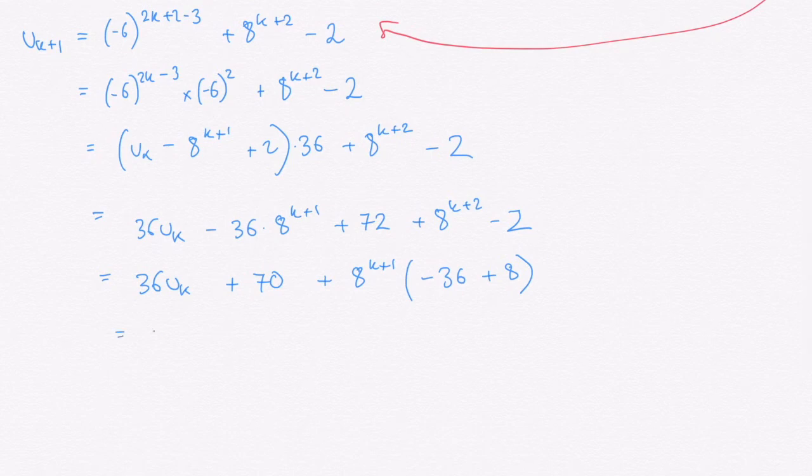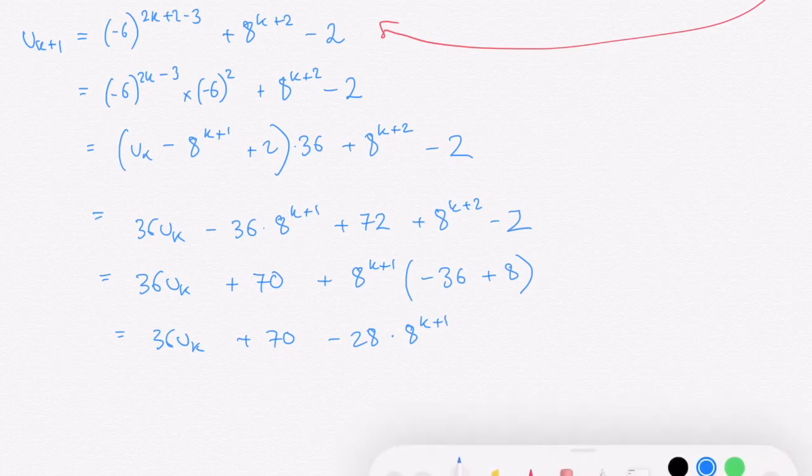So this is 36 u_k plus 70 plus, well, negative 36 plus 8 is negative 28, so negative 28 lots of 8 to the k plus 1. And we can see here that each of these terms are multiples of 7.